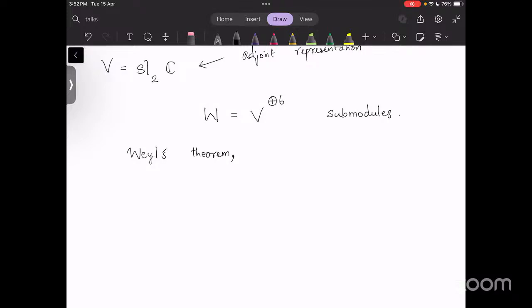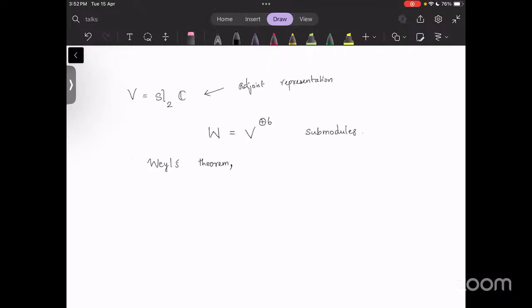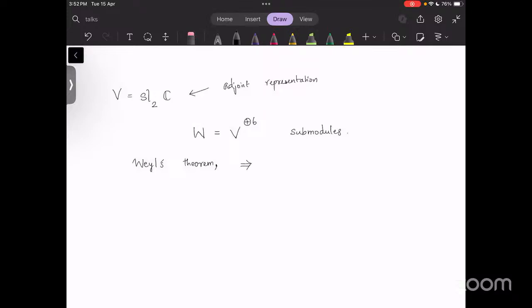When you think of W as an SL2 module, a submodule is basically an ideal for the semi-simple Lie algebra SL2C direct sum 6. Weyl's theorem implies submodules of W are in one-to-one correspondence with ideals of the semi-simple Lie algebra SL2C direct sum 6.